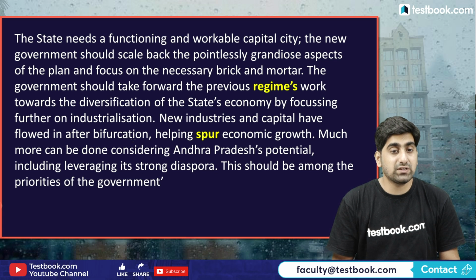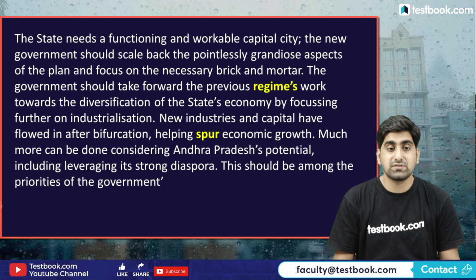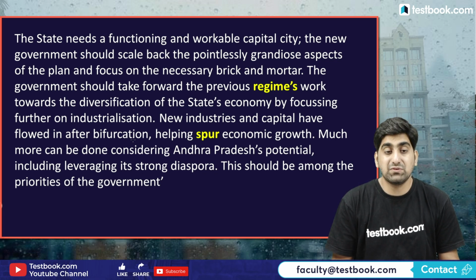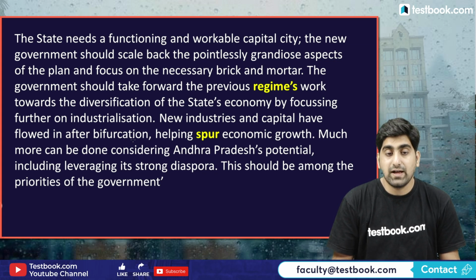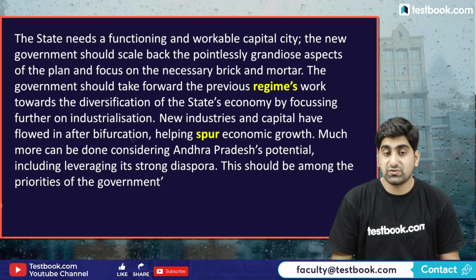The government should take forward the previous regime's work towards diversification of the state's economy, focusing further on industrialization. New industry and capital have flowed in after bifurcation, helping spur economic growth. Much more can be done considering Andhra Pradesh's potential, including leveraging its strong diaspora. This should be among the priorities of the government.